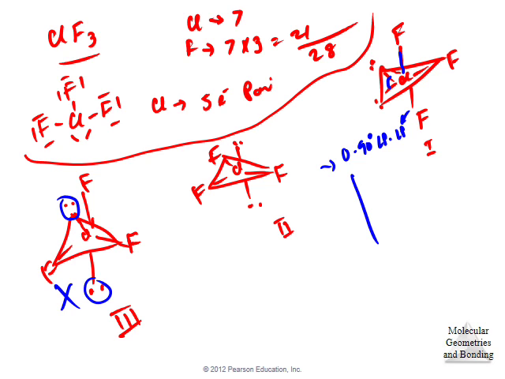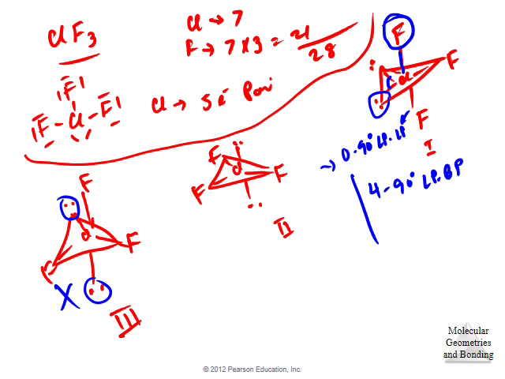So there'll be 2 such interactions for the top fluorine, and for the bottom fluorine also 2 such interactions. So altogether there'll be 4, so 4 90-degree lone pair bond pair. Let me identify: this is the lone pair, and that's the bond pair. And that can happen on the top as well as for the bottom fluorine. So that makes altogether 4.